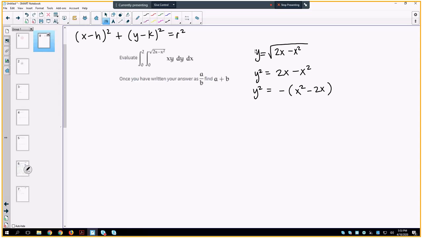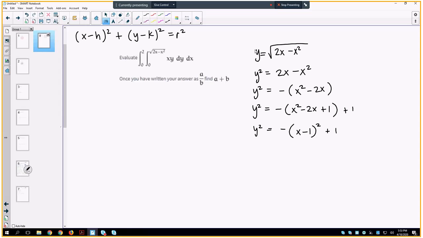Square that, I get 1. So I'm going to add 1 inside the parentheses, and that's actually subtracting 1 because of the negative. So I'm also going to add 1 outside of the parentheses. I subtracted 1 and I added 1, which is no change.